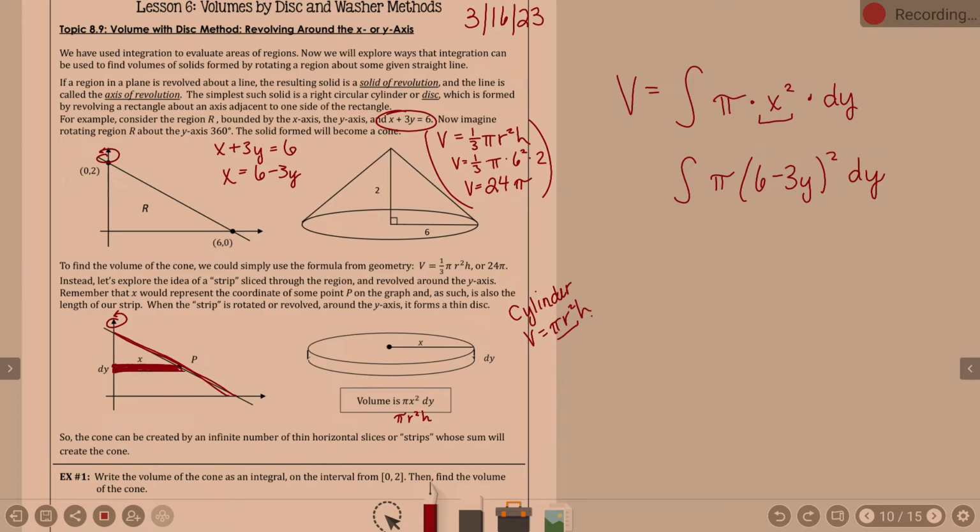Because we're in terms of y, my boundaries are y's also. So how low and high does this go in terms of y? As low as 0. And how high was this? That had an intercept of 2, yes? So my boundaries are going to be from 0 to 2.